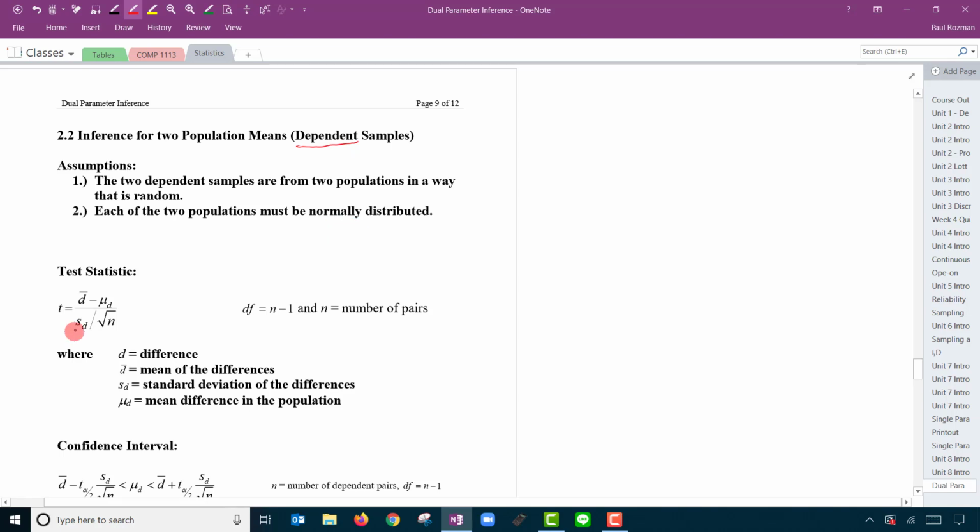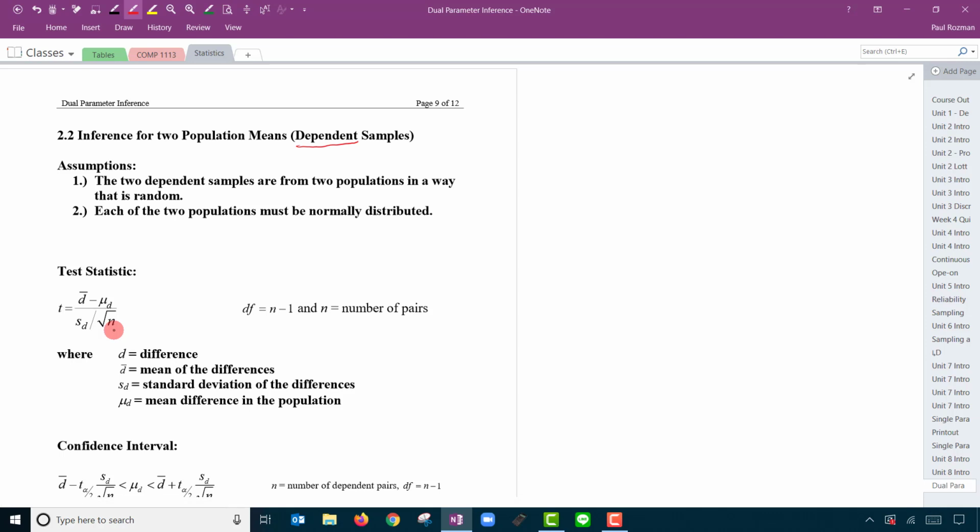The test statistic is just a t-score, and it looks familiar. It's just like the t-score that we had before with x bar. We usually have x bar minus mu, over s over root n, and now we have d bar minus the mean of the d, over the standard deviation of the d divided by the square root of n, where the n is the number of pairs that you have, and d stands for difference.